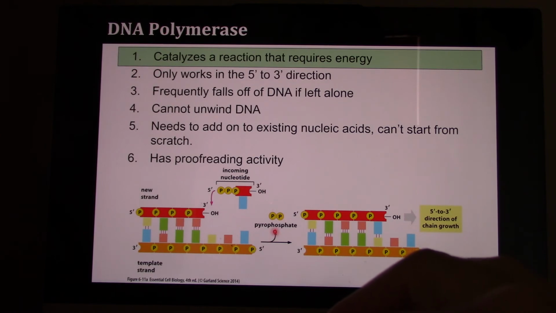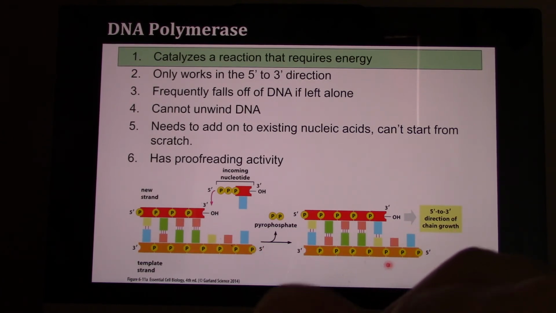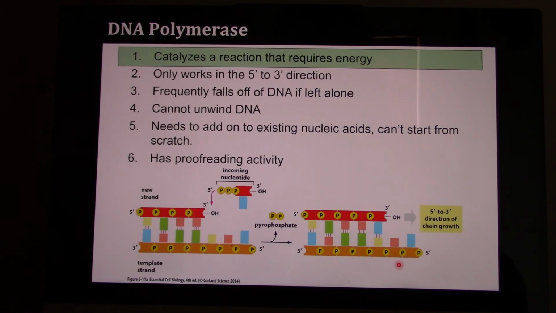As it does, it's going to cleave off these 2 pyrophosphates. So only one of the 3 phosphates is going to be retained when this nucleotide joins the growing polynucleotide chain, which we call nucleic acid. And this is always happening in the 5' to 3' direction of chain growth, always. And we use a template strand of DNA shown in orange to do this.